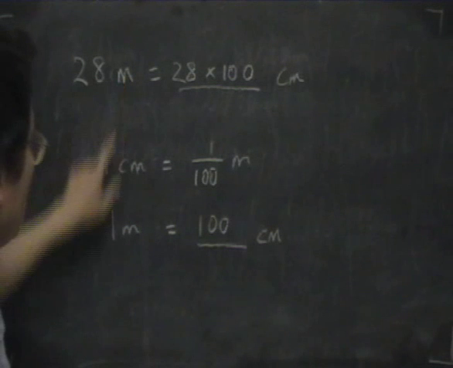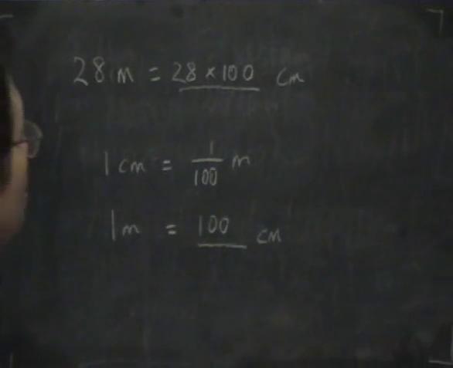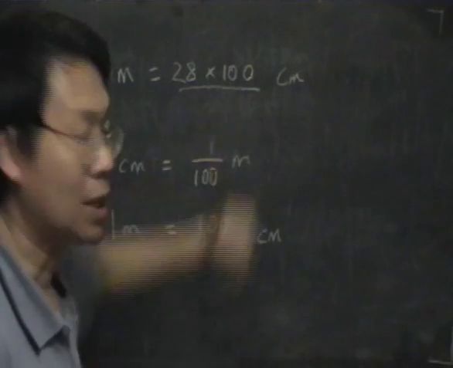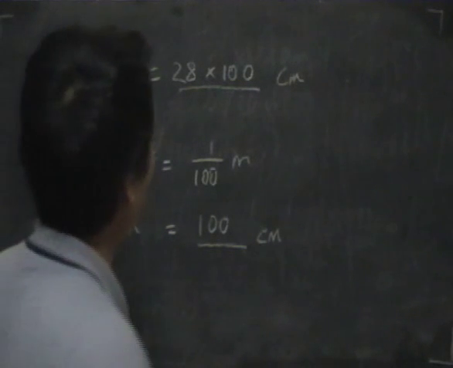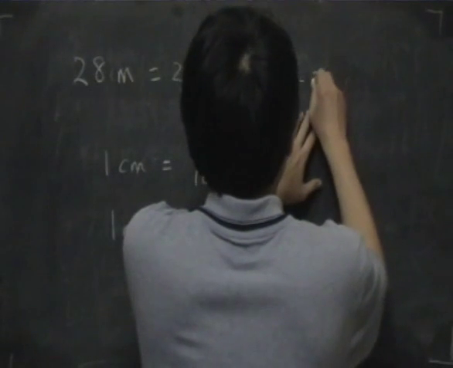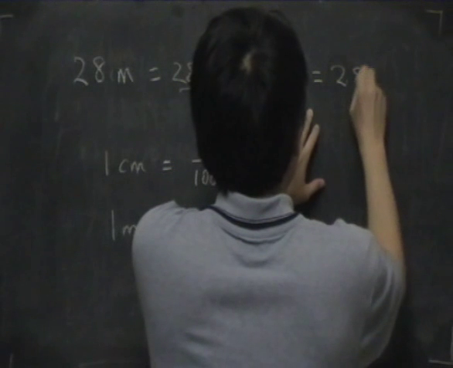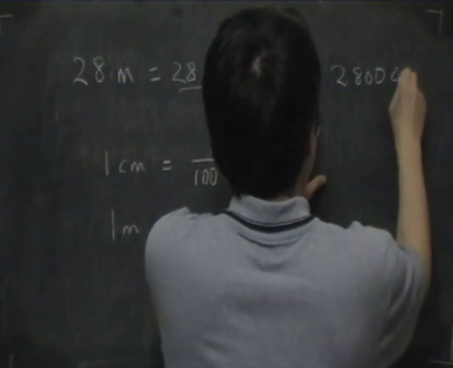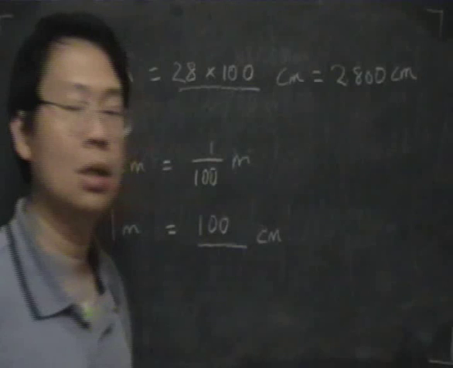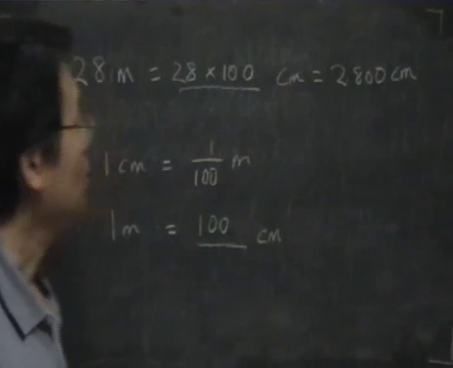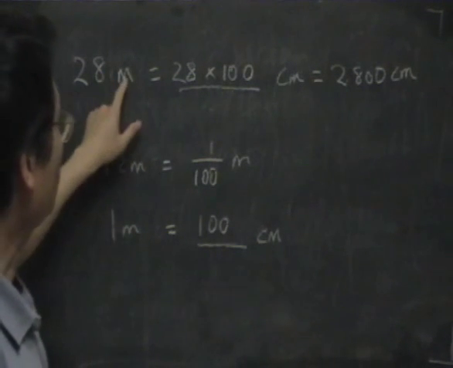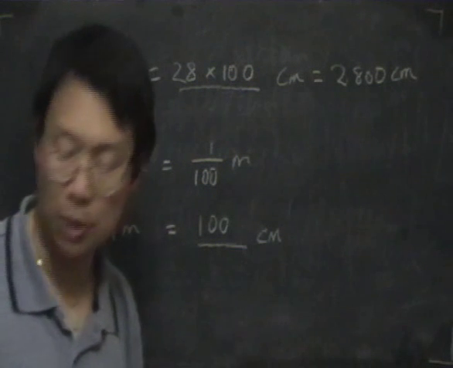Alright, because 1 meter is 100 centimeters. So now that we have 28 times 100, we can just multiply that to give the answer, 2800 centimeters. So that's how we can convert from meters to centimeters.